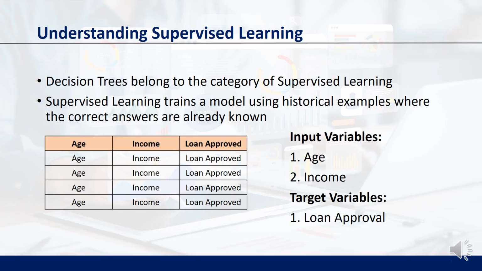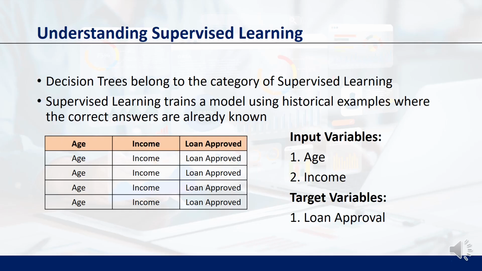Suppose we have many historical records. Each record contains a customer's age, income, and final loan approval decision. For example, one customer may have a particular age and income, and the corresponding result may be approved. Another customer may have different values, and the result may be rejected. The algorithm examines these historical examples and tries to learn the relationship between the input variables and the target variable.